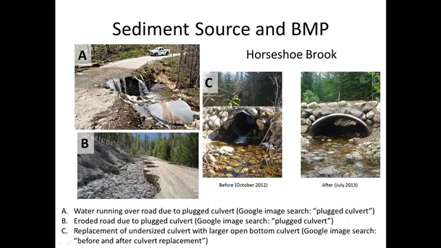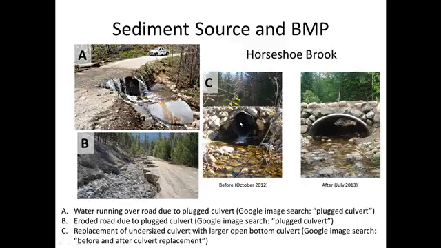You can do this in a variety of ways, and I'll give you a little more insight on that. For the template examples, I focused on culvert replacement to reduce sediment, and so I simply did a Google image search, and I've been pretty loose here with how you can cite that. The source is water running over the surface of the road because of a plugged culvert or undersized culverts causing erosion into the streams, running down the road here, as you can see in this picture.